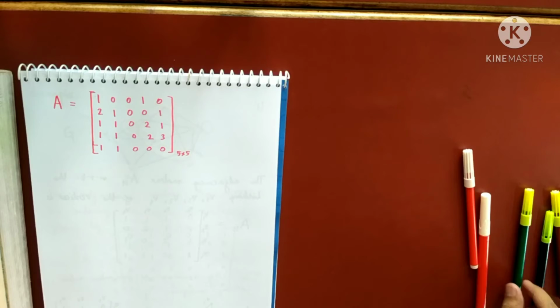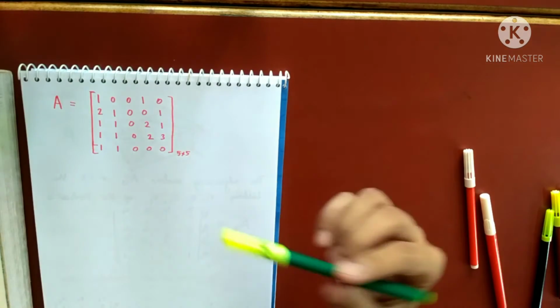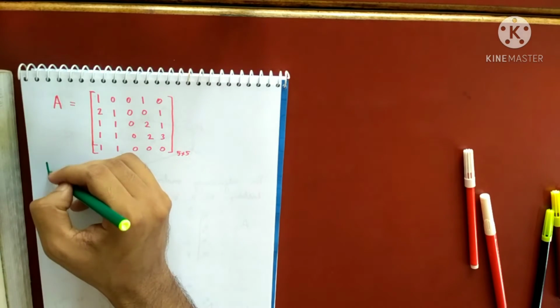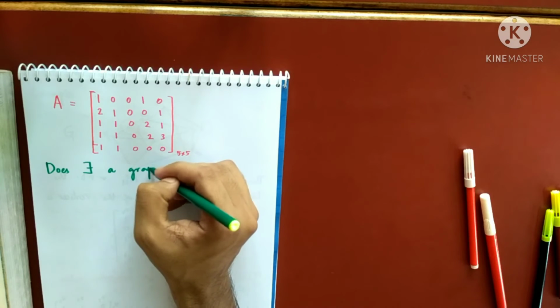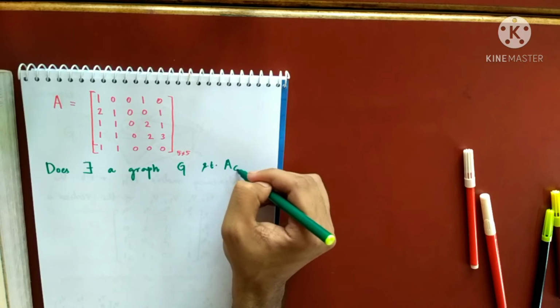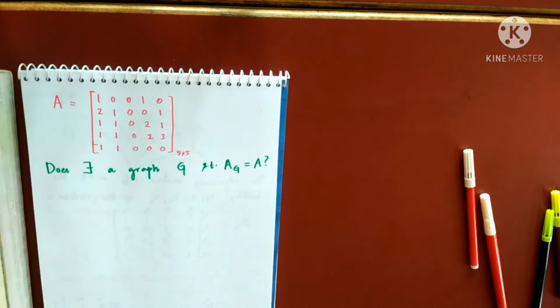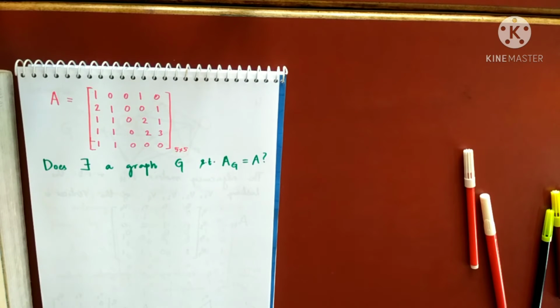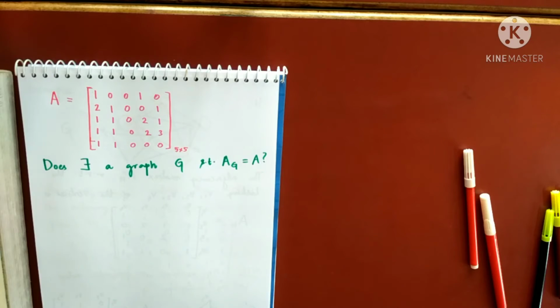So will there always exist a graph whose adjacency matrix will be A? So the question is, does there exist a graph G such that the adjacency matrix of G is same as this matrix A? So the question is, given any symmetric matrix having non-negative entries, see, if the entries are negative, that cannot represent an adjacency matrix.